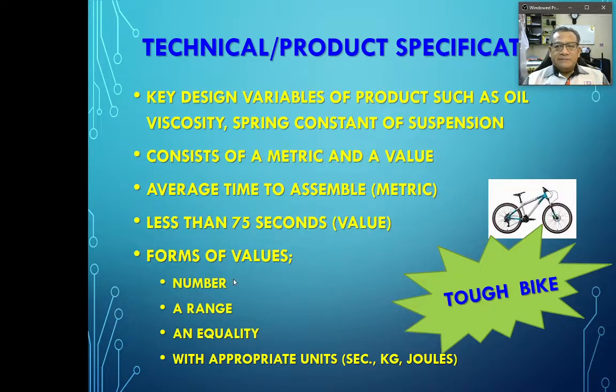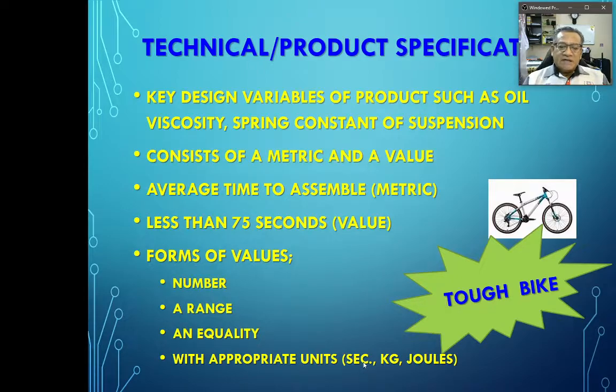And this technical and product specification must consist of values. It could be a number. It could be a range from A to B, right? And it could be an equality, for example, the weight equal to 10 kilograms. The values of the technical or product specification should have an appropriate unit, right?